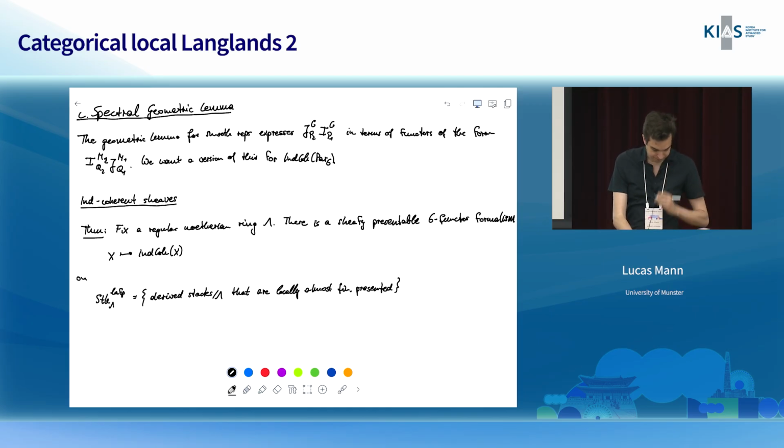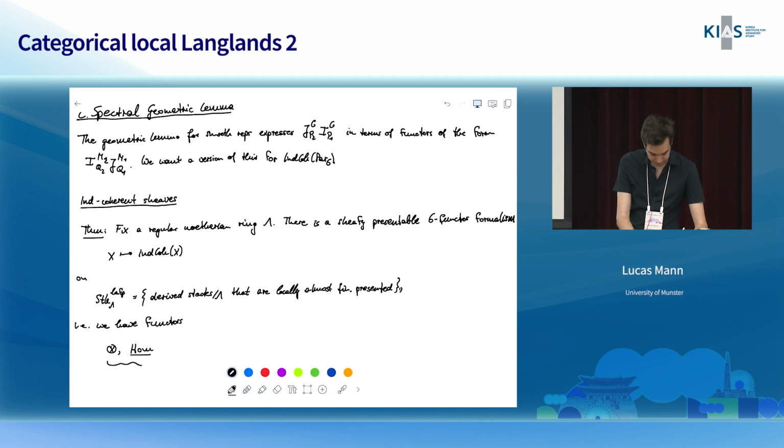And so what does a six-functor formalism mean? I.e., we have functors. I will just name them all once, and I hope that it's more or less clear what kind of functors they are. So we have a tensor and hom.